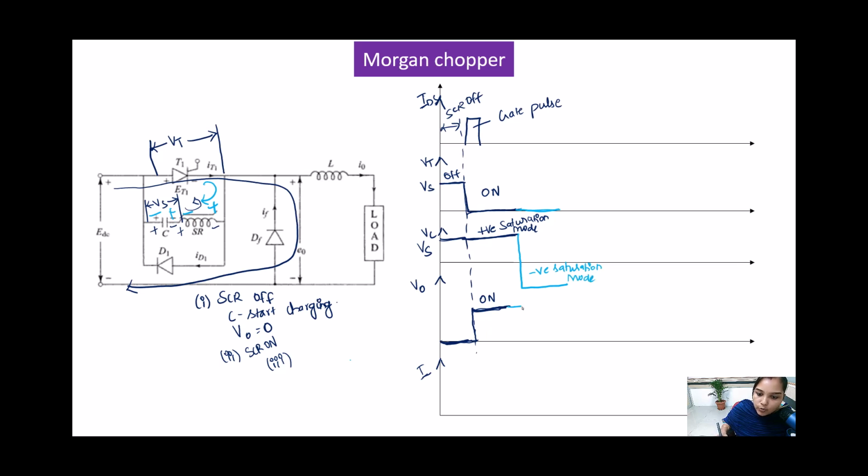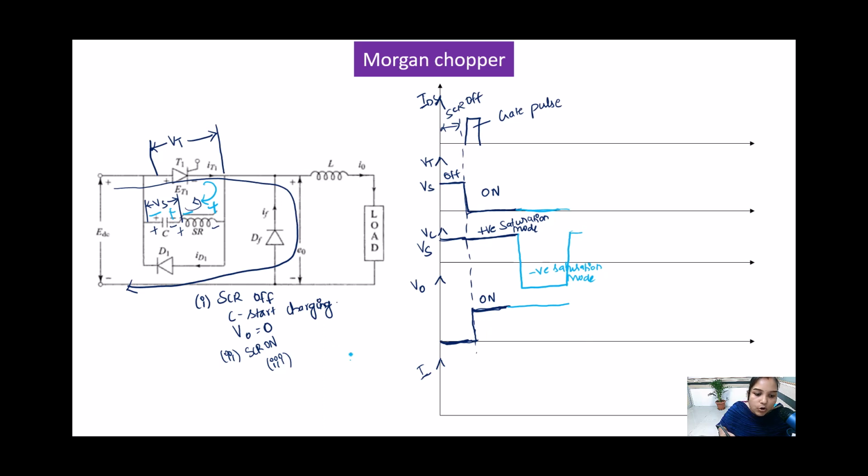So you will get the output voltage across this. Only thing is, even though the SCR is on, the saturation mode will be changed, due to the change in the polarity of the saturation reactor, from the positive saturation mode to the negative saturation mode. So that is what you have to keep in mind.